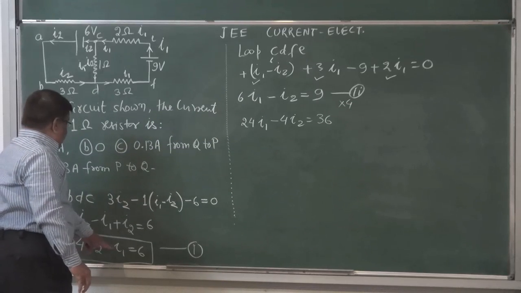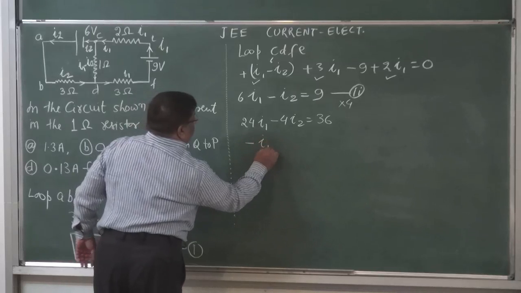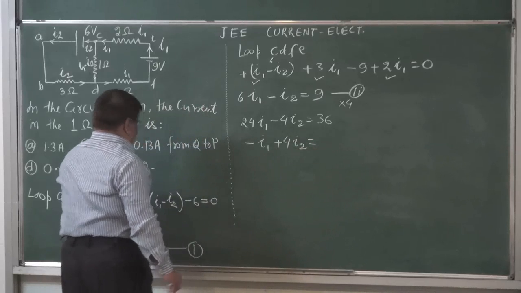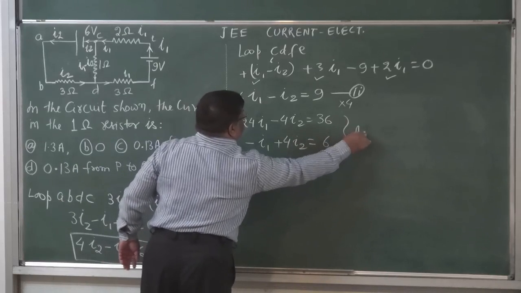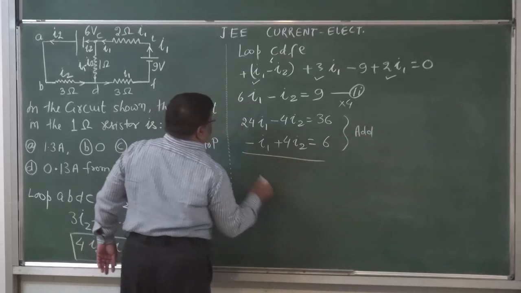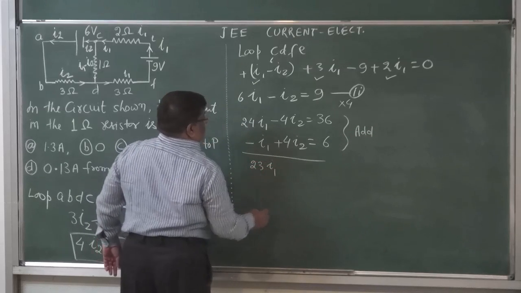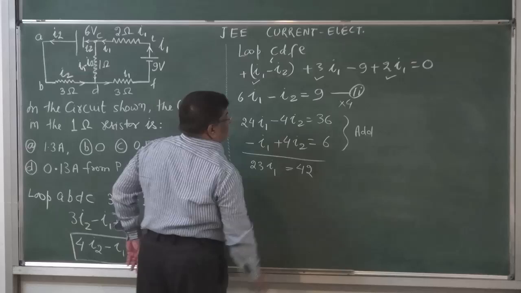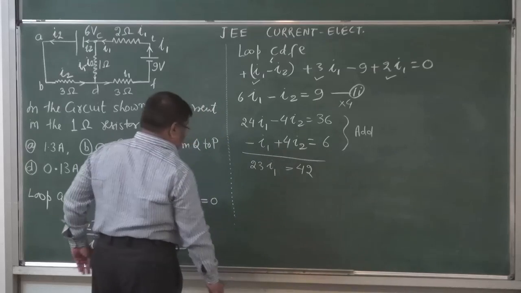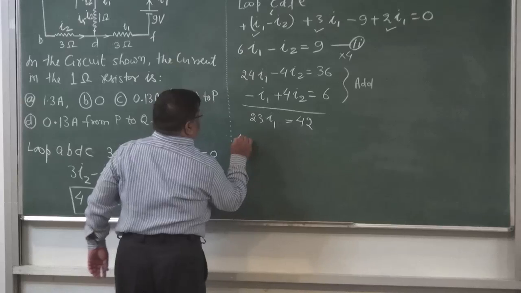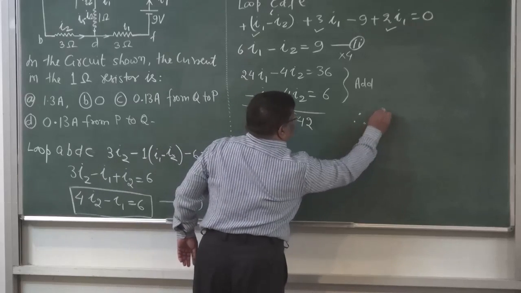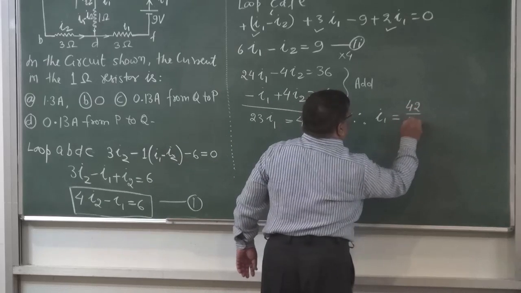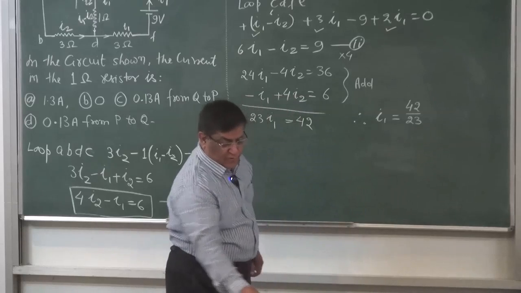Here it is 4I2 minus I1 equal to 6. So I1 is 42 upon 23.